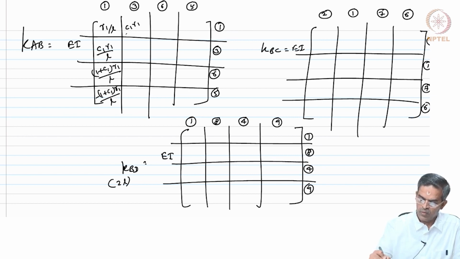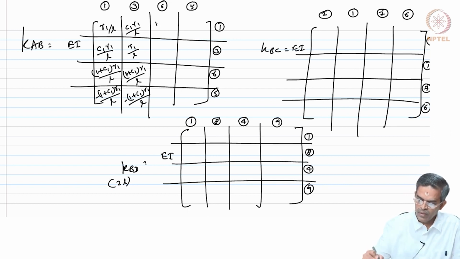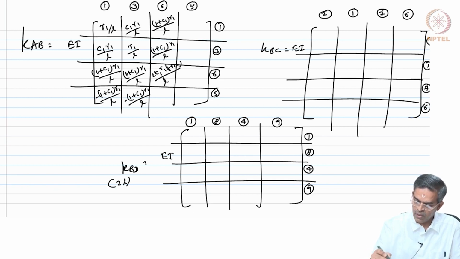This is again C1 R1 by L, R1 by L, 1 plus C1 of R1 by L, minus 1 plus C1 of R1 by L, 2 times of T1 R1, 1 plus C1 by L. Okay, these are all L square, friends.